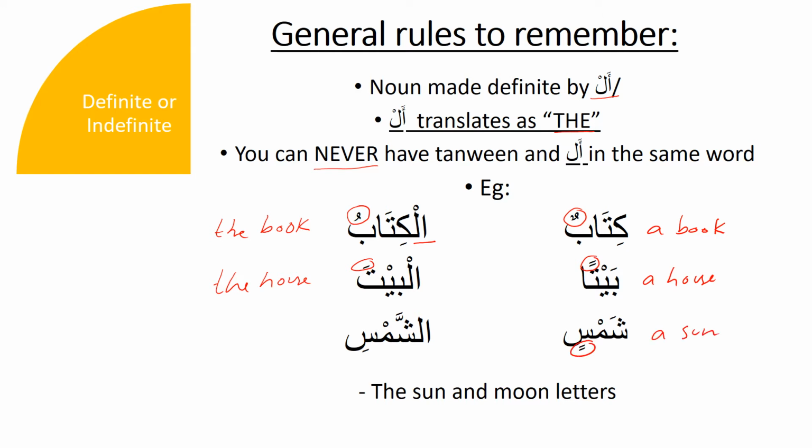And if you put alif lam on it, it becomes ash-shamsi, the sun. And I want to bring your attention to the sun and moon letters over here. Some of the letters you will pronounce the alif lam, like al-kitabu and al-bayta, and some of them you will not pronounce the lam. It will be silent and it will just become ash-shamsa.